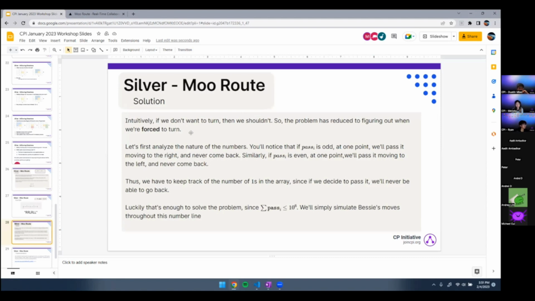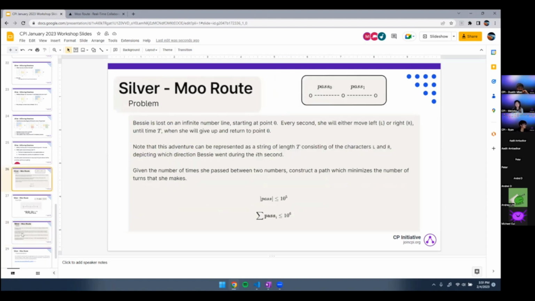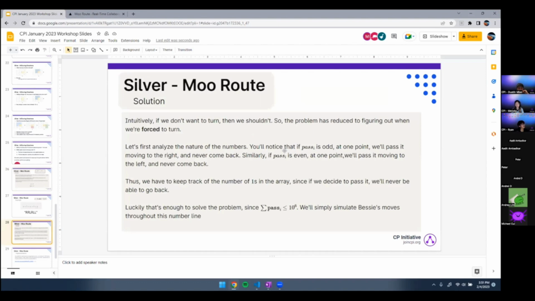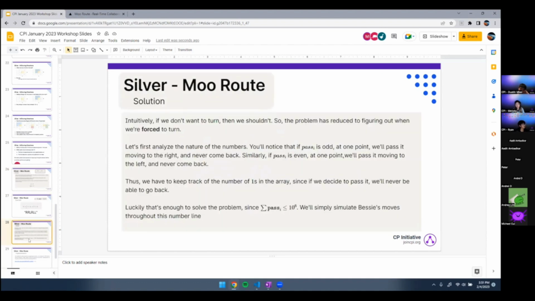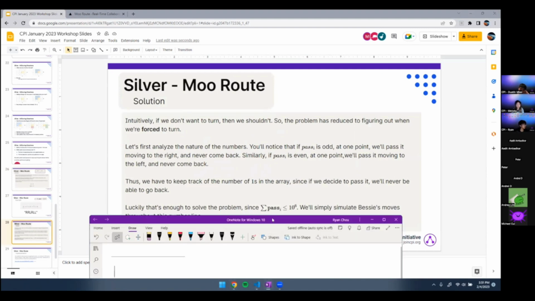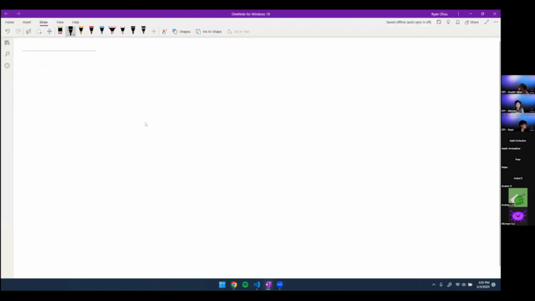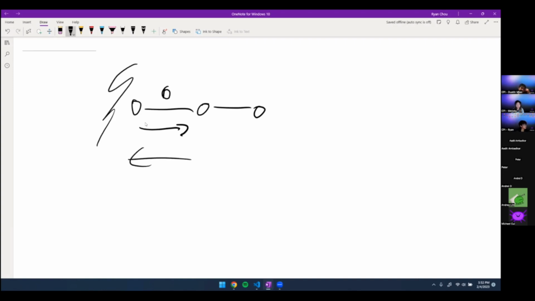So we just have to figure out when we're forced to turn. If we look at the nature of the numbers, since we start at 0 every time, we're going to notice that if going between the first and second one is odd, then at one point we're going to pass to the right, and then we're not going to go back to the left again. Essentially, if we have 1 here, then at one point we're going to go past here, making this 0, and then we're not going to go back to this side again.